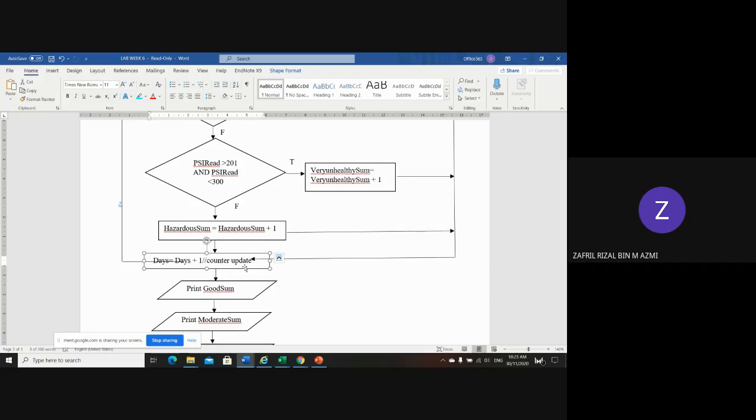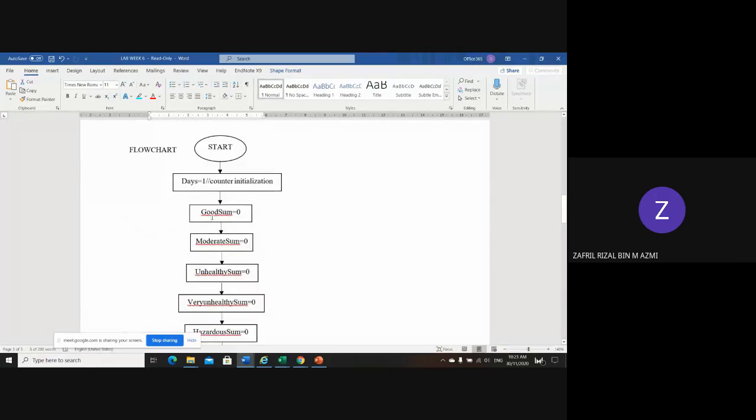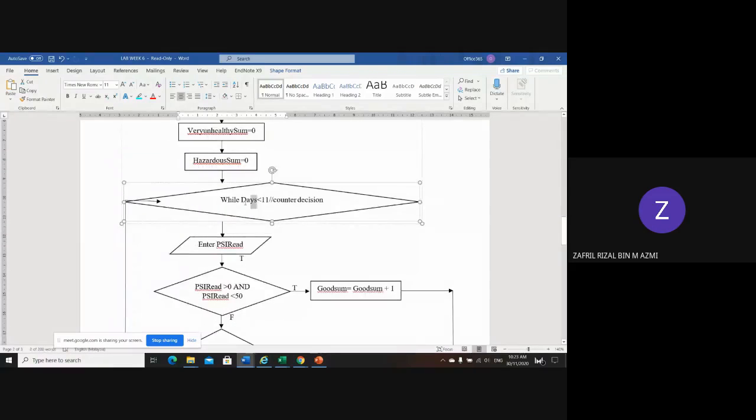In this case, the one controlling the looping is the variable days, because we need to loop for 10 days, right? The most accurate is to use the variable day, but if you don't want to, you can change it to any variable name you want. For example, if you want to use counter, you need to change it over here also.